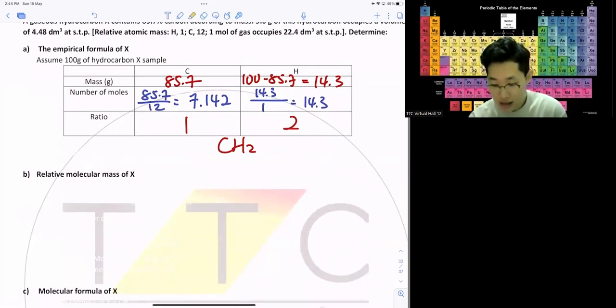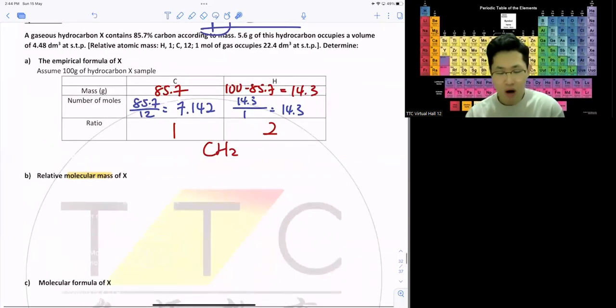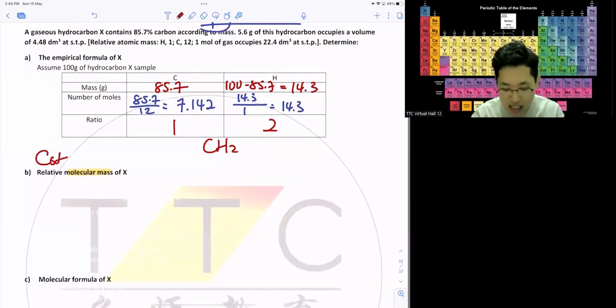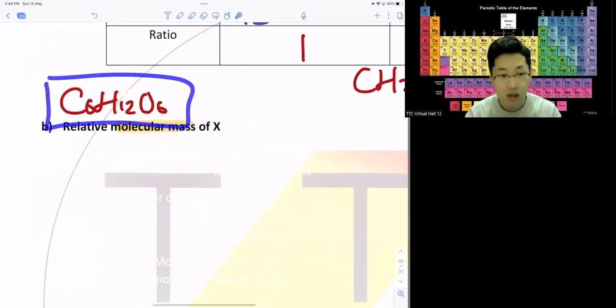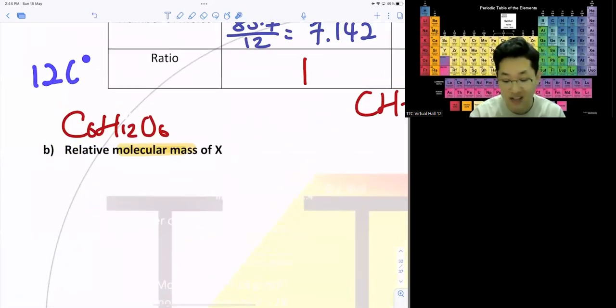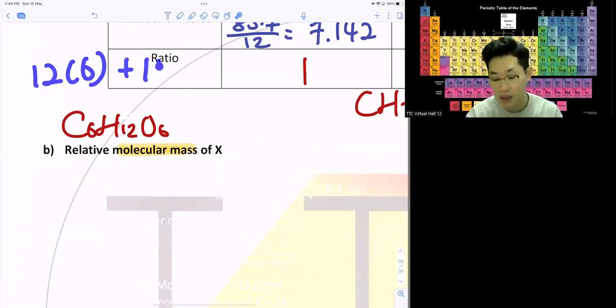Molecular mass. What is the molecular mass? How to find the molecular mass for this question? Usually, we need the molecular formula. Let's say C6H12O6. We need all these letters to work out the mass, right? Like 12 times 6 plus 12 plus O times 6.